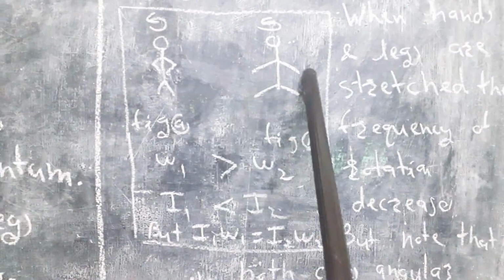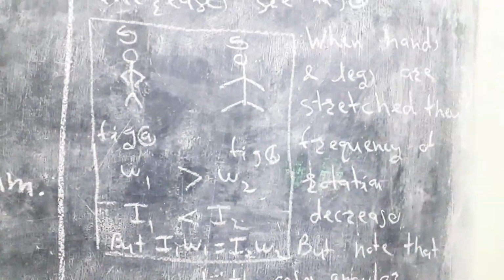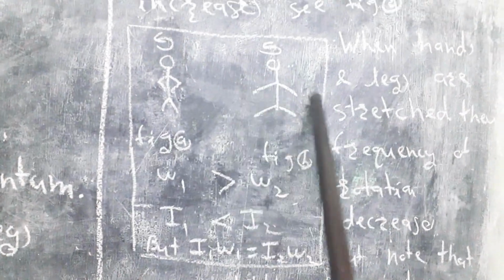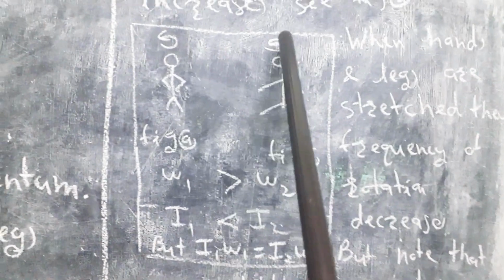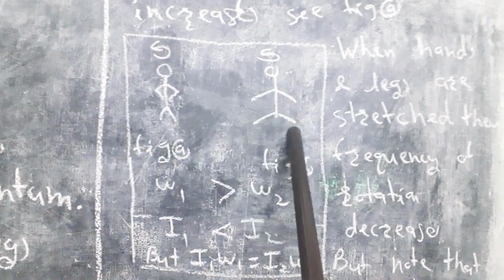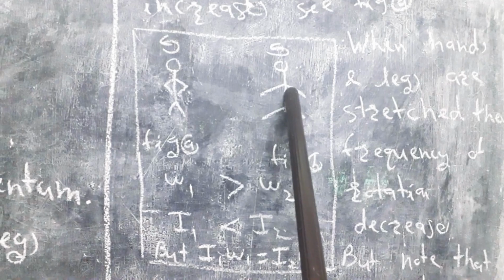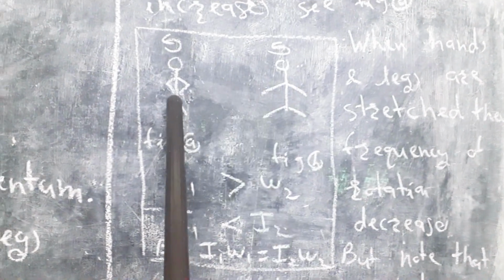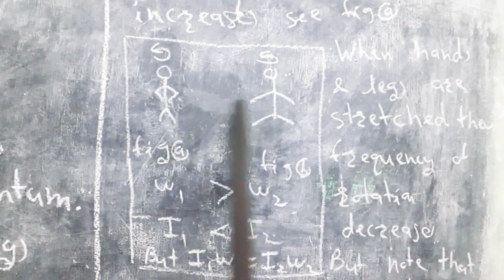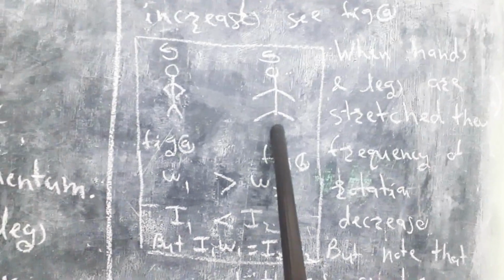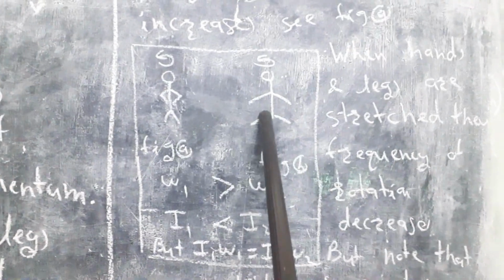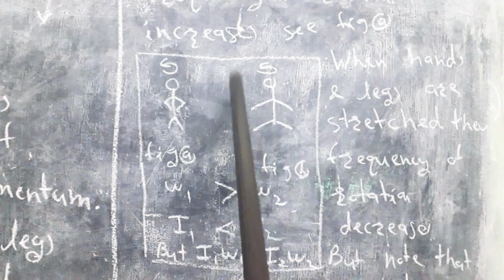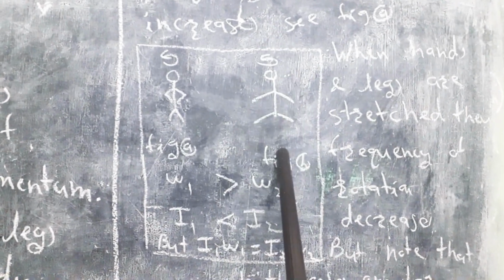When hands and legs are away from the body, the particles of the body are distributed away from the axis of rotation. So moment of inertia is different from the earlier case, and because of this large distribution, the speed of rotation of the body decreases.